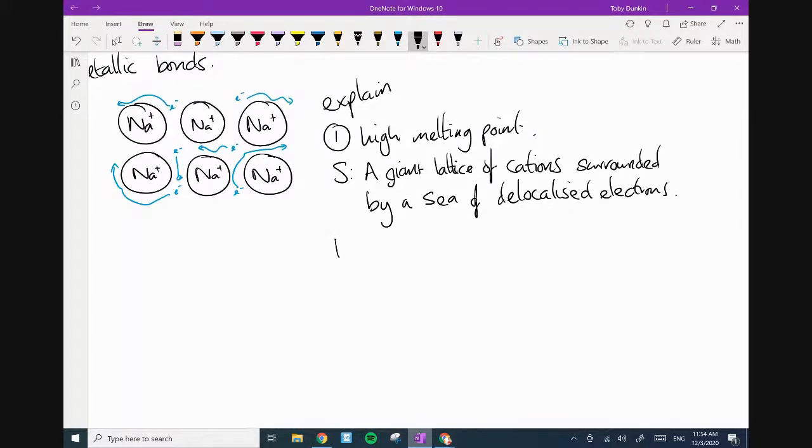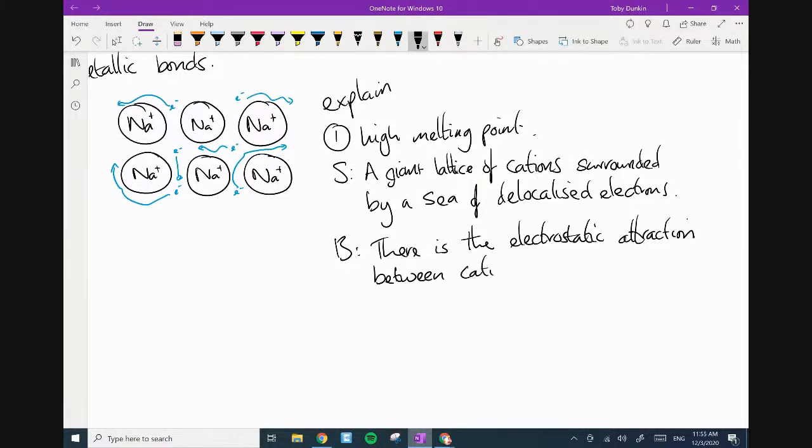Bonds. The electrostatic attraction between the cation lattice and delocalized electrons.